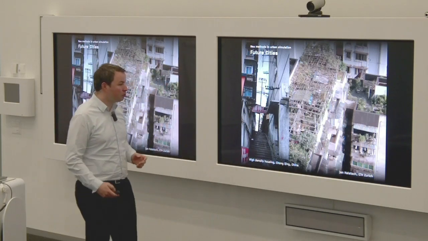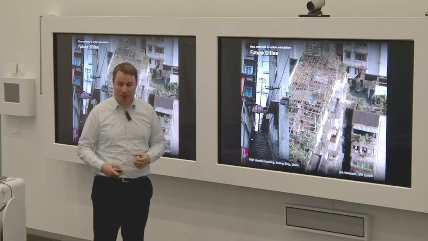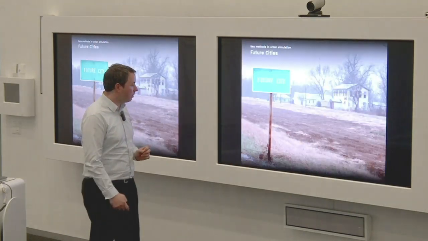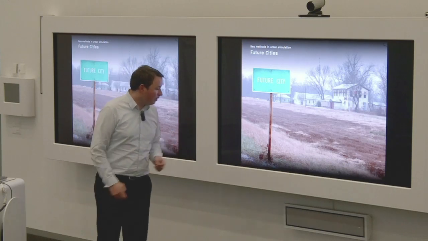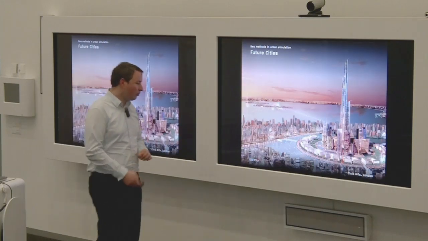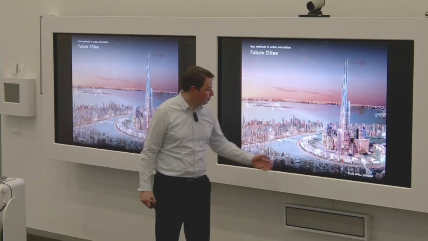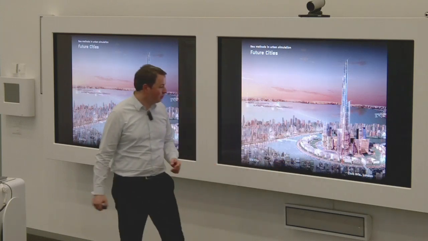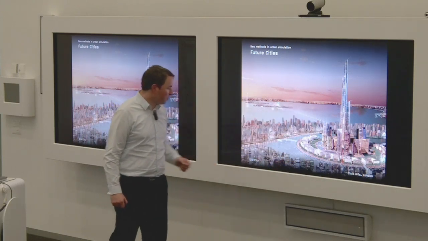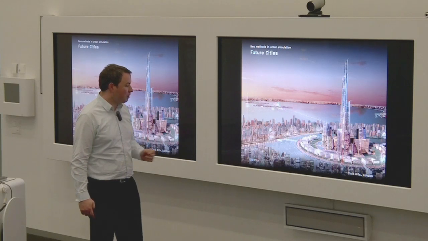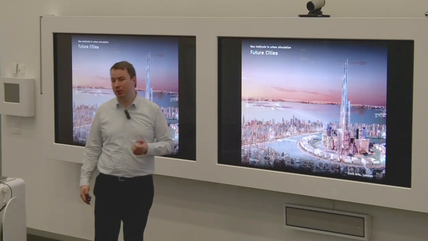But how to actually cover all these little things and arrive at future cities? I mean, one thing is that you have such nice pictures here of the Burj Al Arab and all the other things around, but this is just a picture. It doesn't tell you so much. It just gives you a first vision.